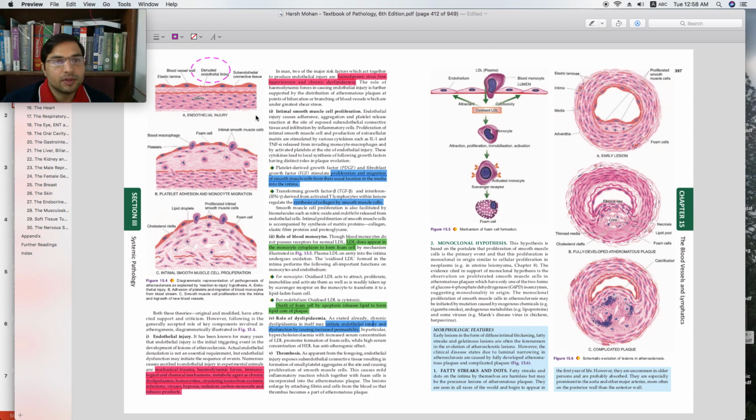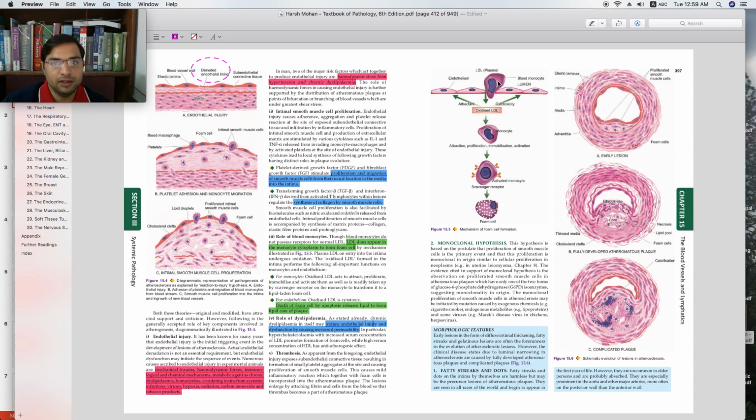Now what happens when the blood has high levels of lipids? That is dyslipidemia. When the blood is in the state of dyslipidemia, the blood monocytes which enter through this damaged endothelial lining in search of any pathogen in the blood vessel contain LDL, the low density lipids.